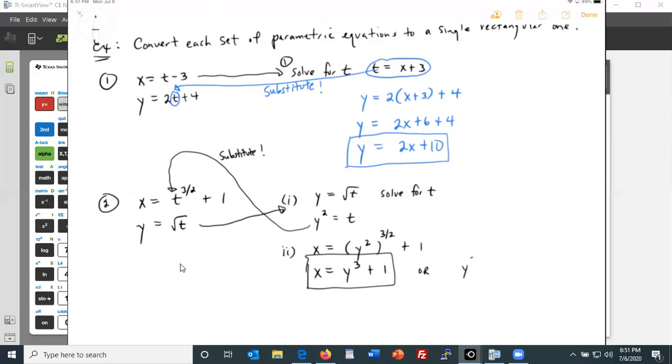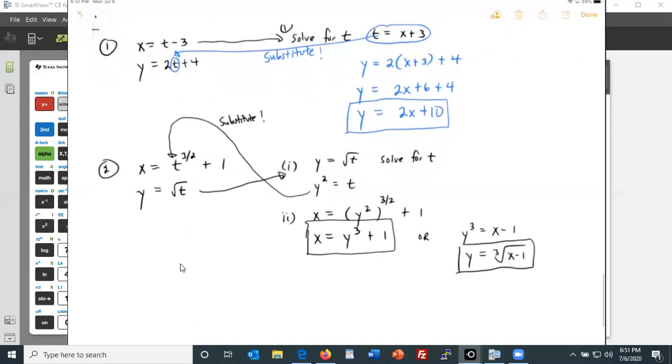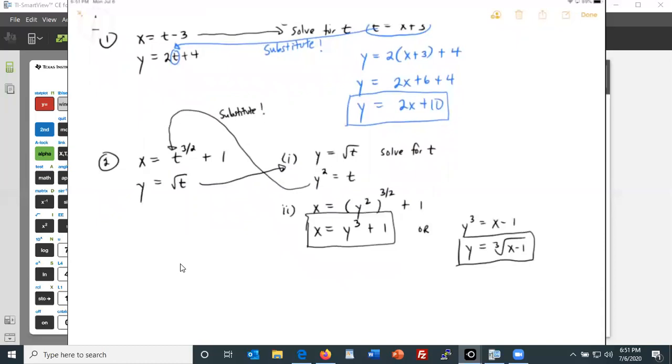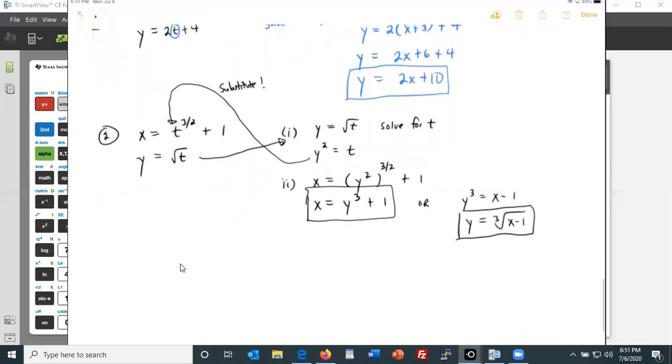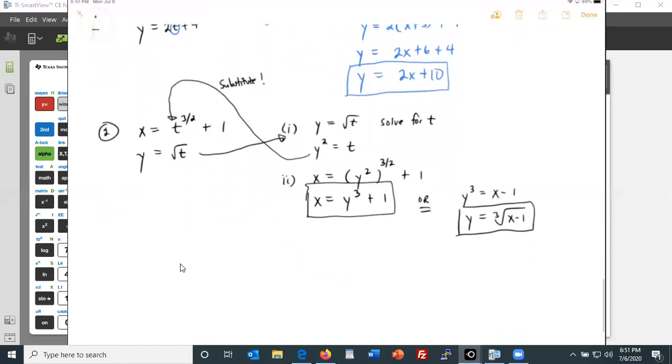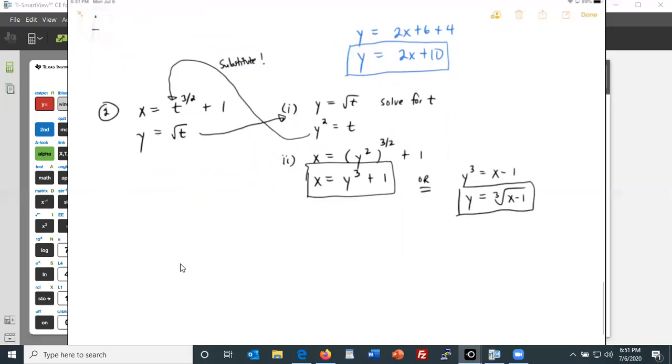We could get y cubed equals x minus 1, and then y would equal the cube root of x minus 1. So take your pick. Choose your favorite equation. That's why the word or is there. You could actually come up with 2 different answers. Okay. All right. One more.